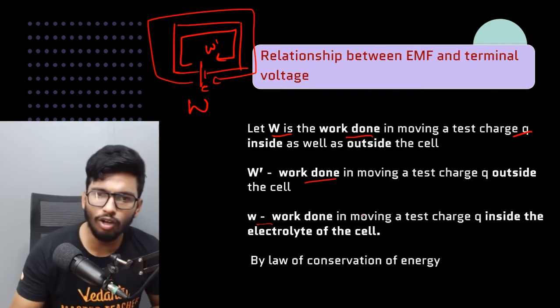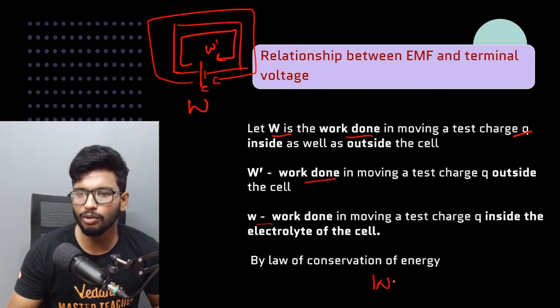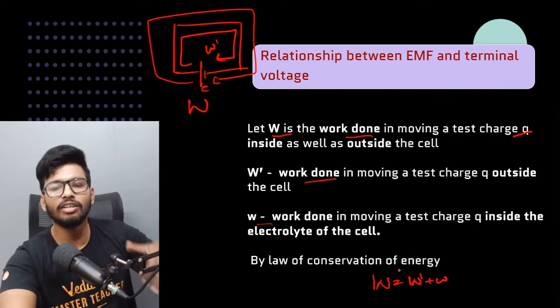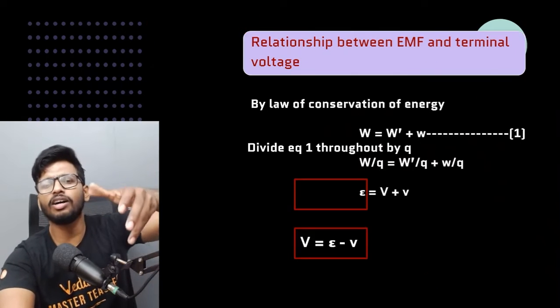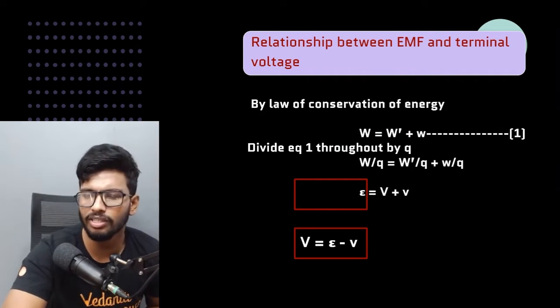According to the law of conservation of energy, the total work done should remain the same. So I can write capital W is equal to W dash plus small w, because the total work done should be equal to the work done outside the cell plus the work done inside the cell.